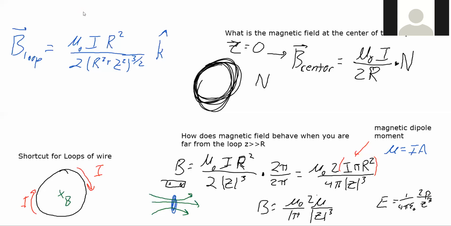It's supposed to be a 4 pi. Anyway, I just wanted to talk about that because it's neat to see that when you go further and further away from these coils, you get back that dipole behavior. It's just acting like a magnet, essentially. So I just wanted to cap off our last discussion with that.